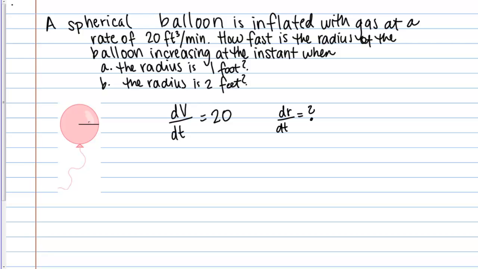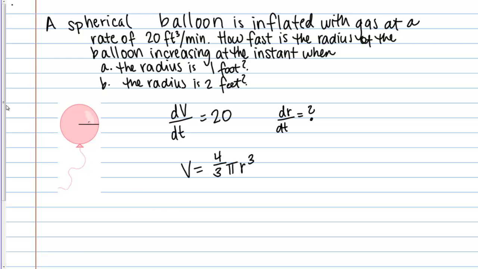And I'm looking for a relationship between volume and radius. So that's going to be the formula for the volume of a sphere, which is V equals 4/3 pi r cubed. This gives me the relationship between the volume of the balloon and the radius of the balloon.